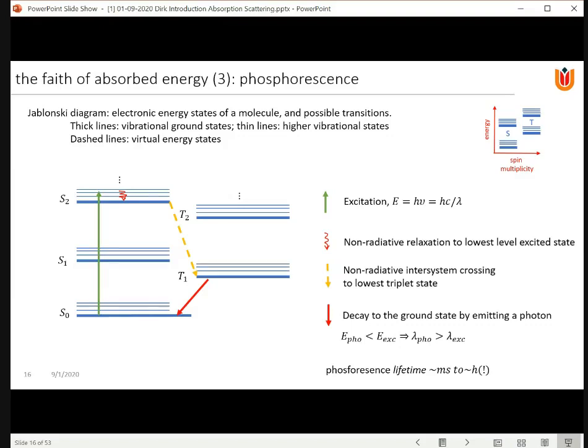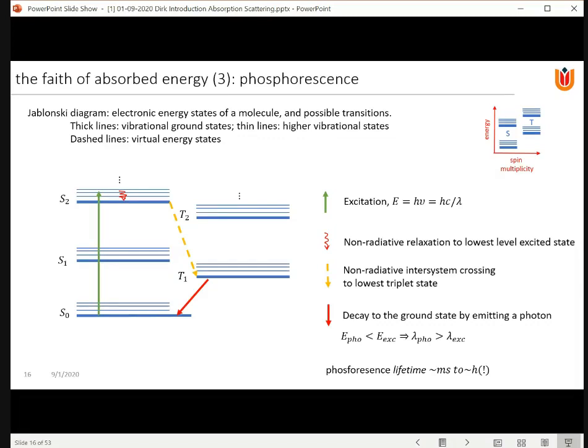Well, and again, now looking at this diagram, you see that the excitation photon has the highest energy, and the phosphorescent photon in this case has lower energy, which means in terms of wavelength that the phosphorescent photon has a longer wavelength than the excitation photon, just as was the case with normal fluorescence.